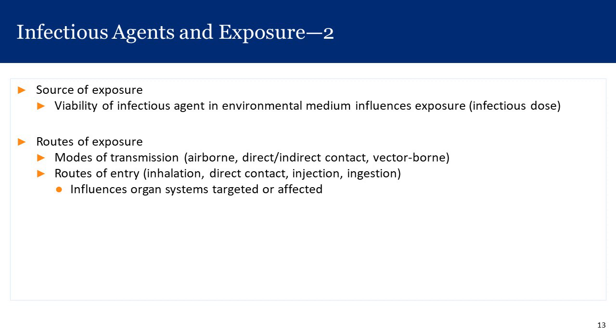So a surface such as a doorknob or water or dust. It can also be vector-borne, that is carried by an insect. And then this really relates to the routes of entry, which again can be inhalation, direct contact, or dermal, ingestion, or injection. And this influences the organ systems that might be targeted or affected.